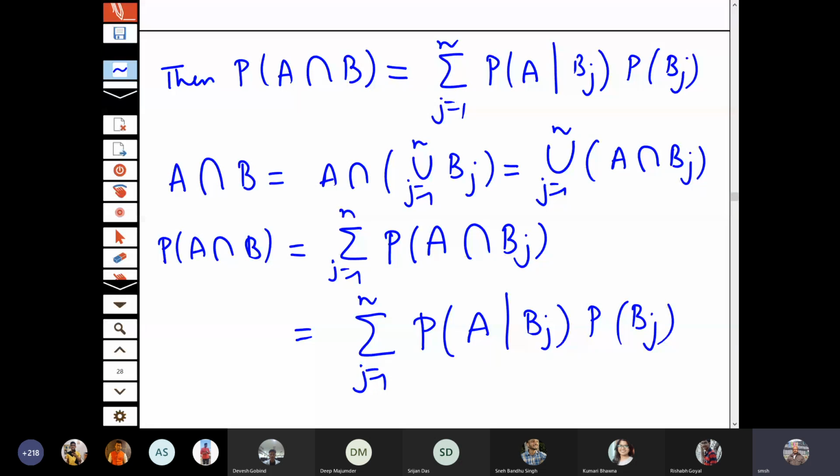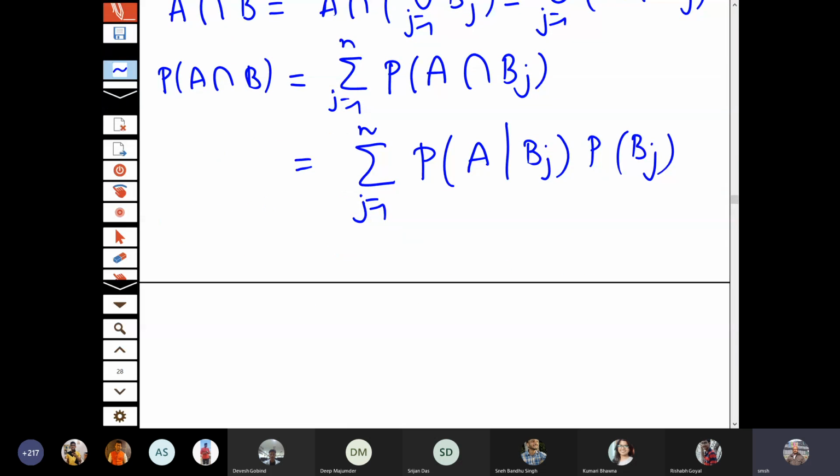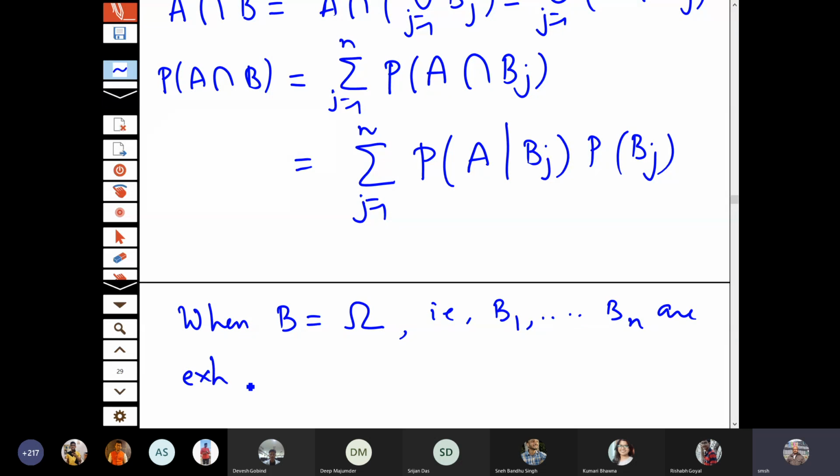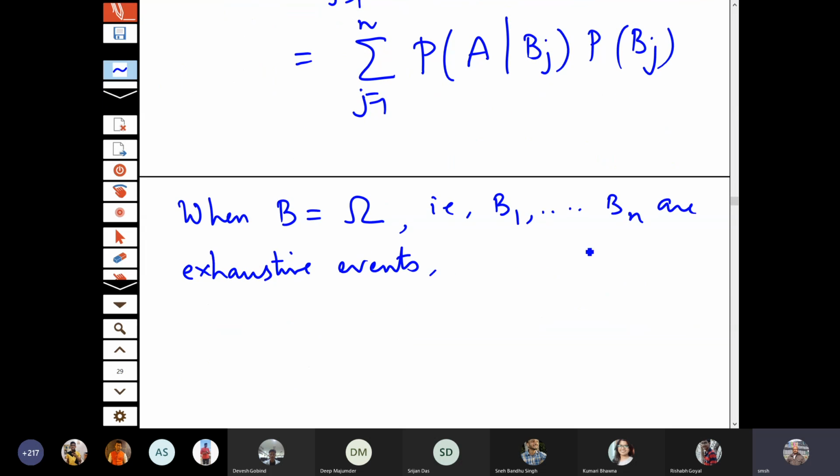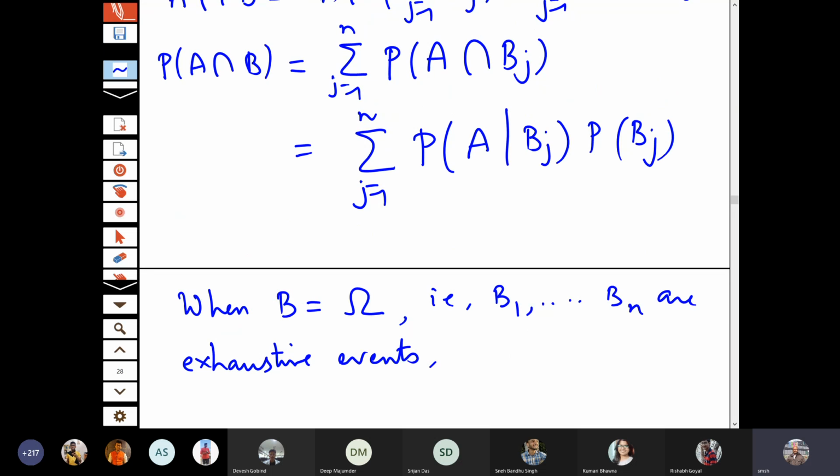Let us consider a special case of this where B is actually omega. When B is omega, that means B1, B2, Bn are exhaustive events. Then what will become the left hand side?